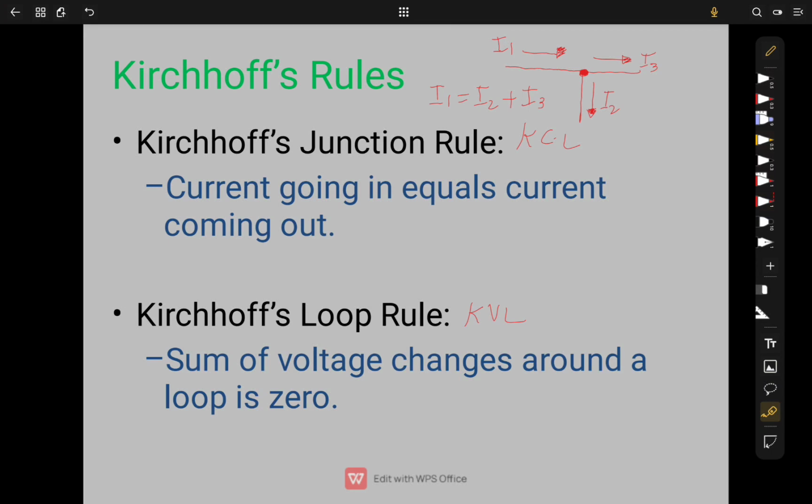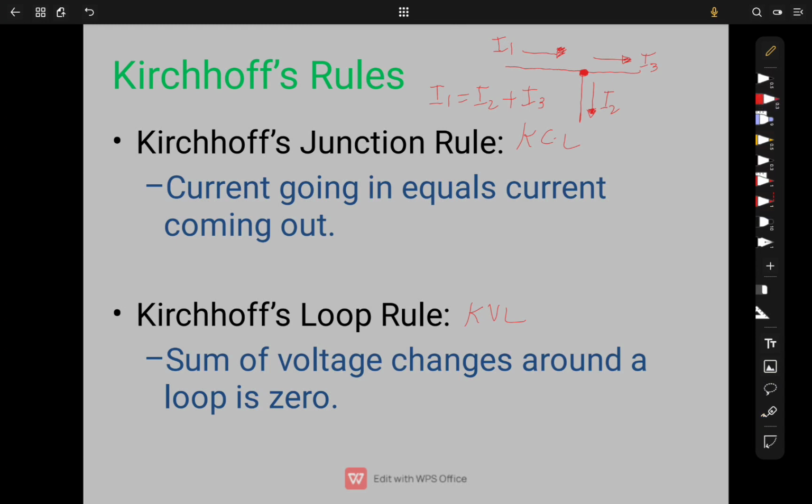Sunod natin na rule is yung ating Kirchhoff's Loop Rule or mas kilala bilang KVL or Kirchhoff's Voltage Law. Ang sabi po dito, the sum of the voltage changes around a loop is 0. So the voltage around a loop equals the sum of every voltage drop in the same loop for any closed network and equals 0.